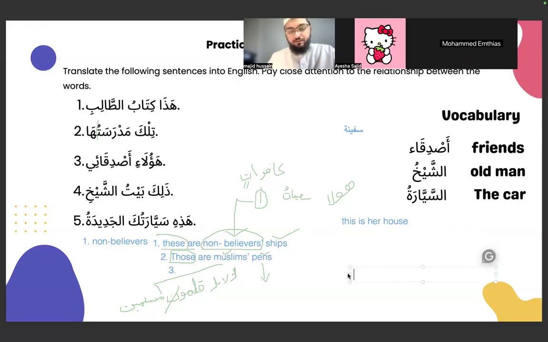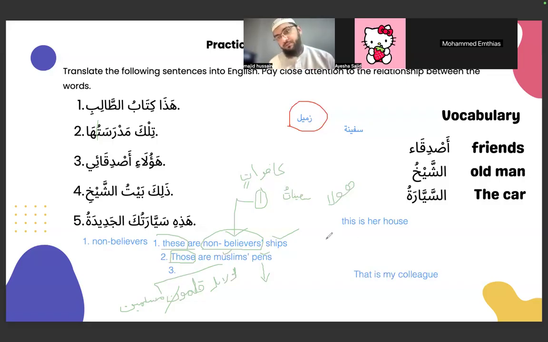Then that is my colleague. The word for colleague is zamil. I've written over here, brother, here, this one. The word for colleague is zamil. Right. This is her house.